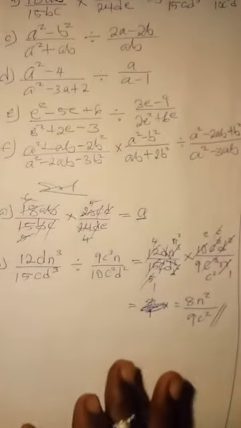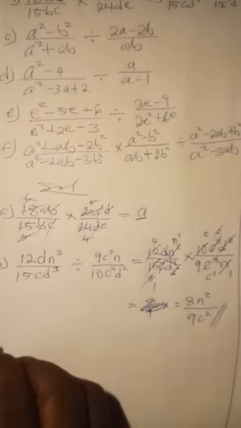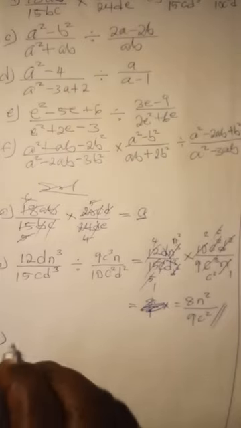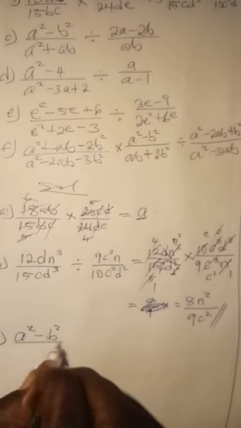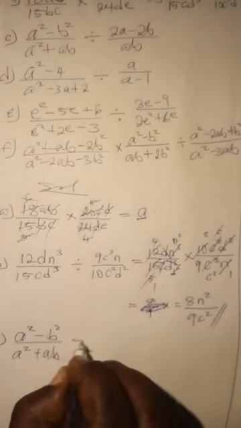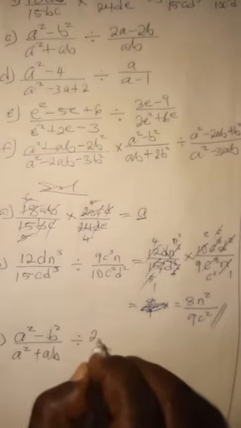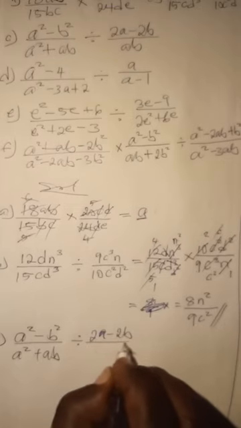The next question, C. We have a squared minus b squared over a squared plus ab, divided by 2a minus 2b over ab.